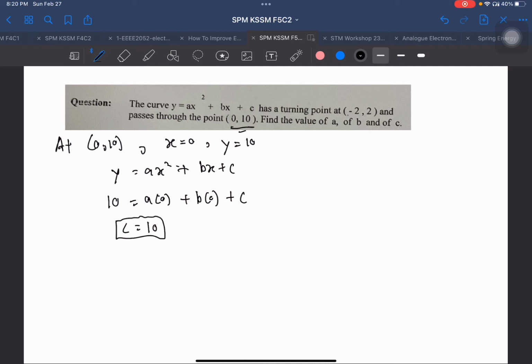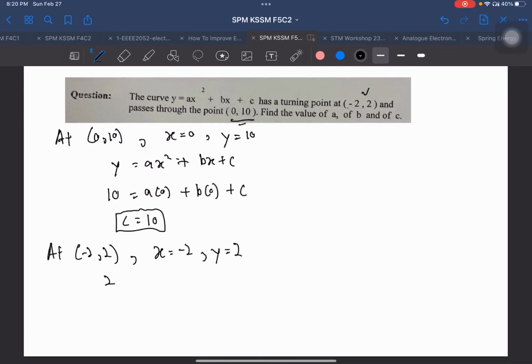Next, you are given another point. Same thing: x is negative 2, y is 2. You just plug it in. Simplify, and you get this. Like I said, this is an equation with two unknowns, so later we're going to get another equation.